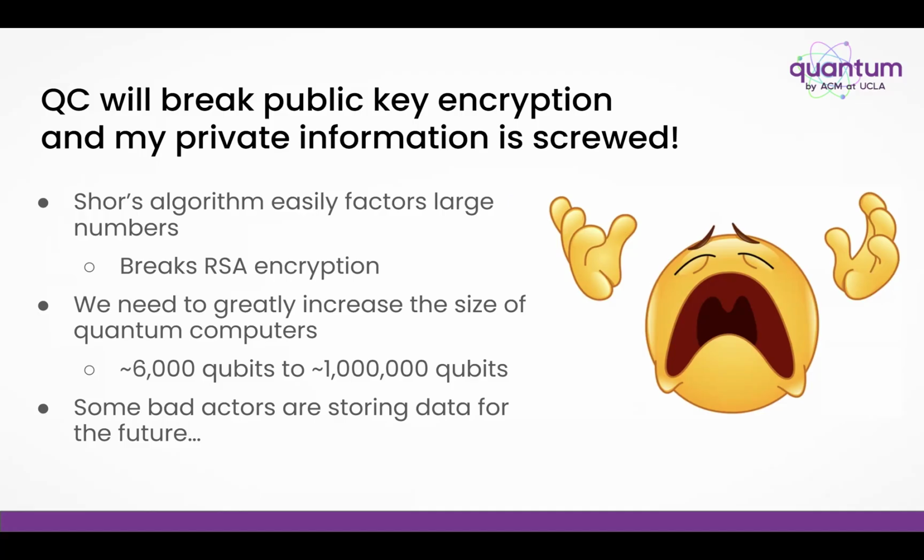Yes? I don't want to ask a question if we're going to cover it later, but what is factoring large integers and RSA encryption? Oh, absolutely, no worries. That's a good question. Factoring large integers is when you have a really, really big number and you want to figure out its prime factors.